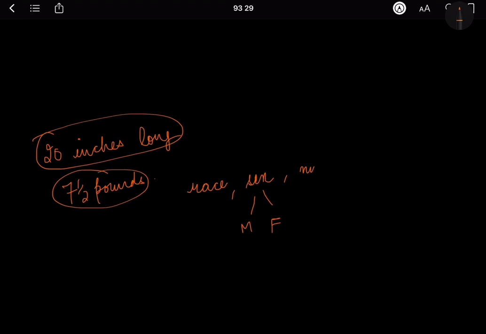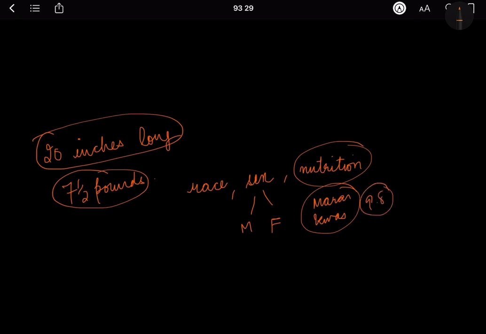And nutrition, whether the baby is fed properly or not, as we saw in the case of marasmus and kwashiorkor, which we studied in 9.8. If anybody has not watched that, please go back and watch it, because these are important. So nutrition makes a big difference, whether the baby is growing properly or not. So this is the idea of growth, okay.